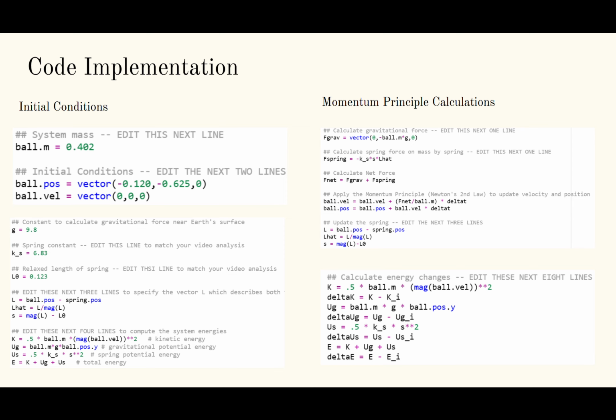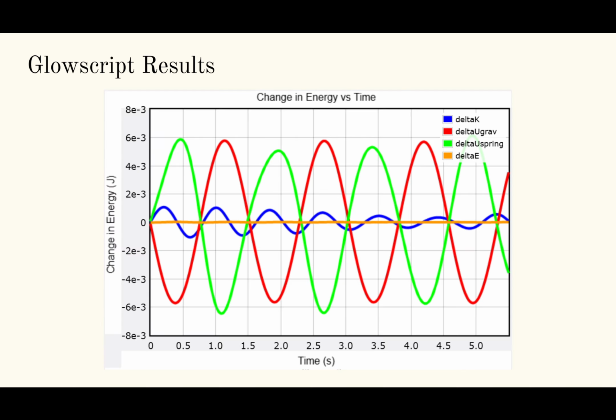We then use the velocity update equation and position update equation to update where the ball is, and we update the spring with the L hat and s. Then we solve for each of the energies so that we can sum them up to find the total energy. So here we can see the energy graph from the system, and we can see that it's conserved throughout the experiment.